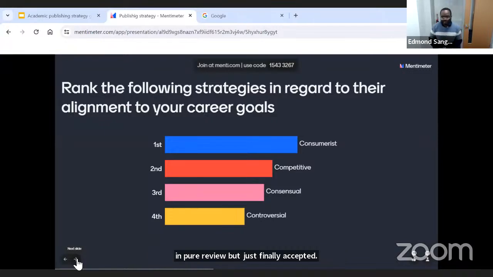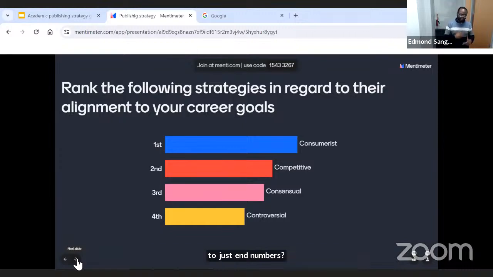Consumerist, most of my publications are really consumerist, where I'm just moving forward. It's more incremental with what people have done. Yeah, so you can see it's really important that you take a step back, really think deeply about the strategy that you're going to use. Do you really want to just add numbers, consumerist?